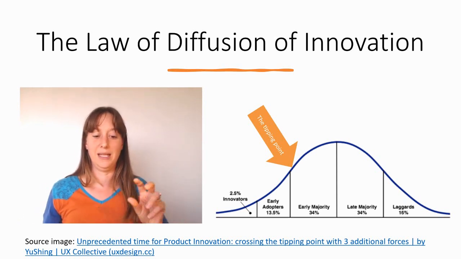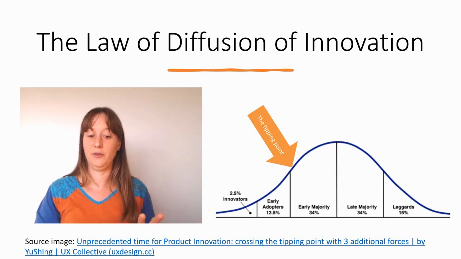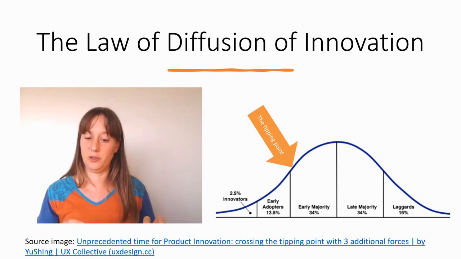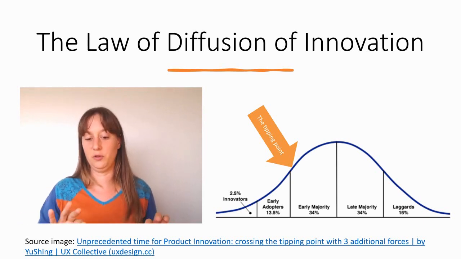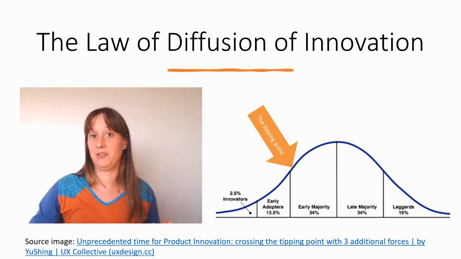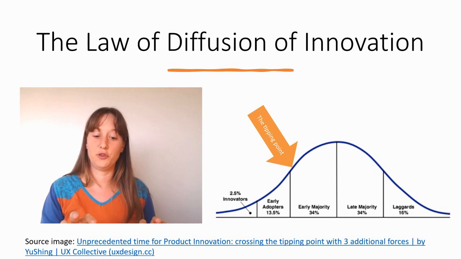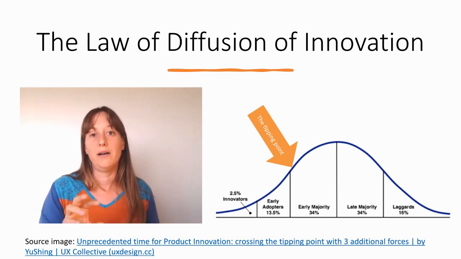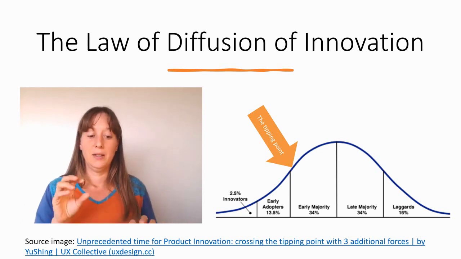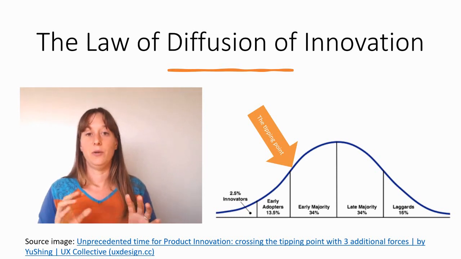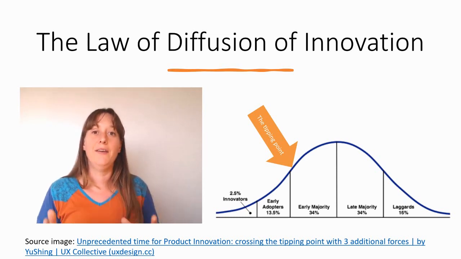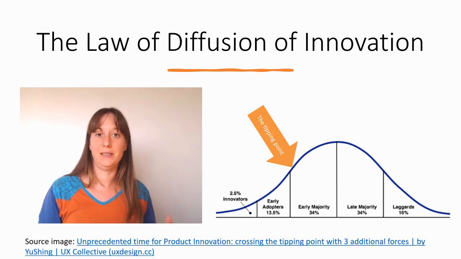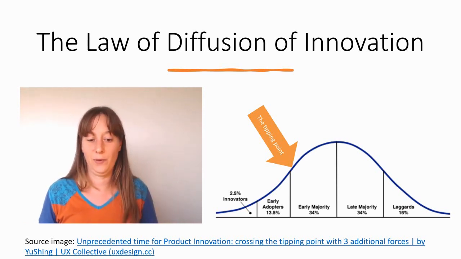First there are the innovators and the early adopters, and then you get the early majority, late majority, and laggards. Laggards you don't pay attention to. The late majority will only come after the early majority, and the early majority are only going to buy your product if they know somebody else who has bought it as well, and if they can see the value of it, if somebody recommends it to them.